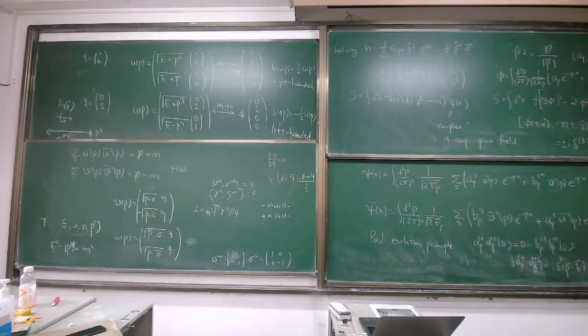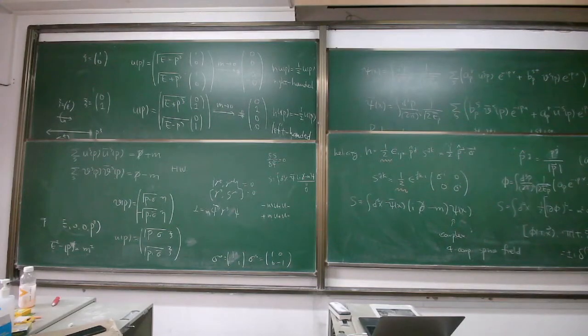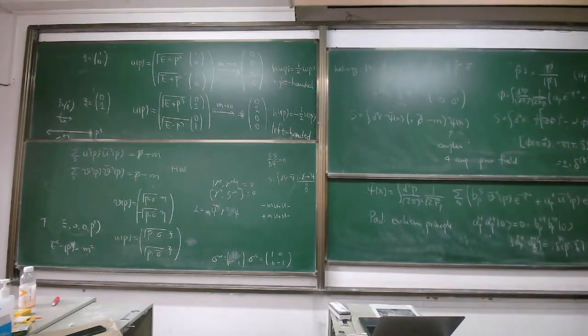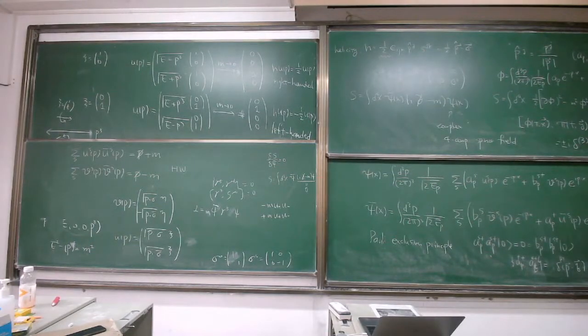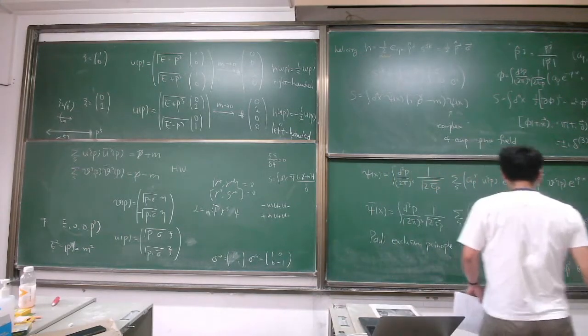Okay. So here I think 2 pi cubed. Sorry, there's no dagger. I'm very sorry. My brain is not working.